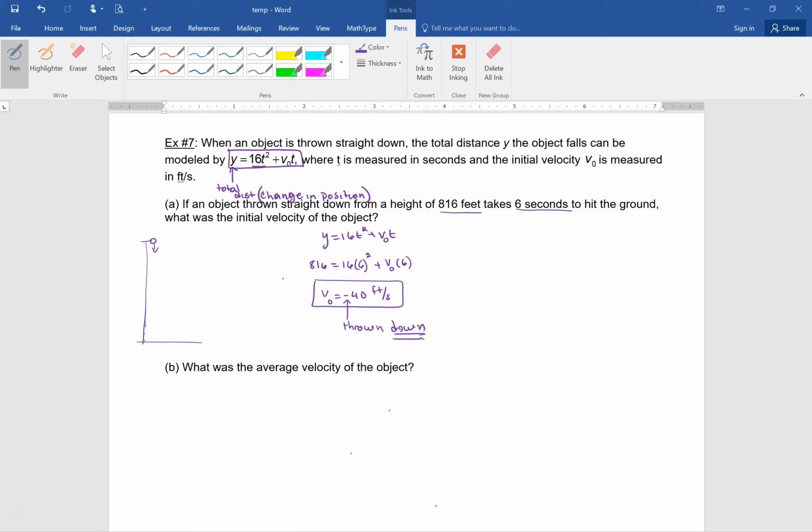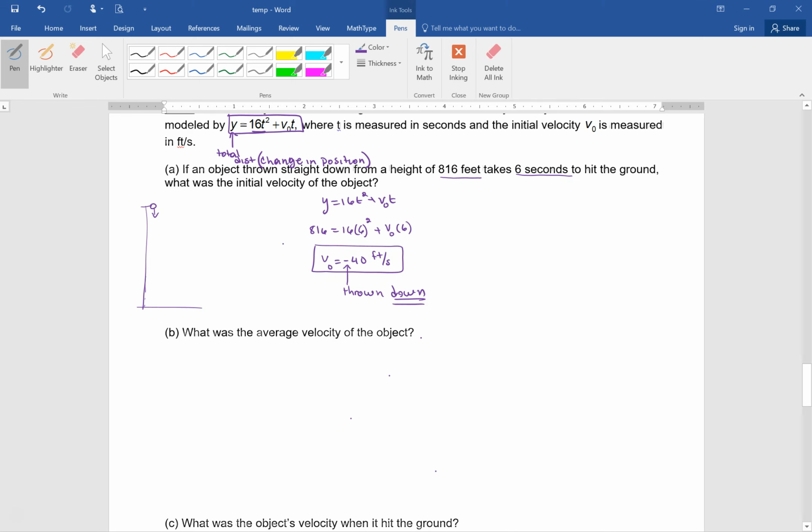Okay. Now, what was the average velocity of the object? For the average velocity, what I need is the initial position, the final position, and the total time. So the final position is y of b, and the initial position is y of a.